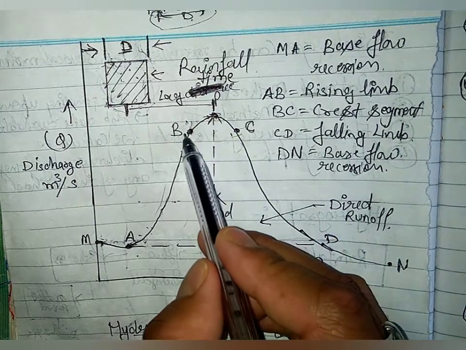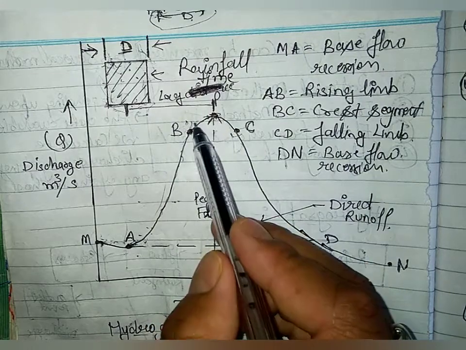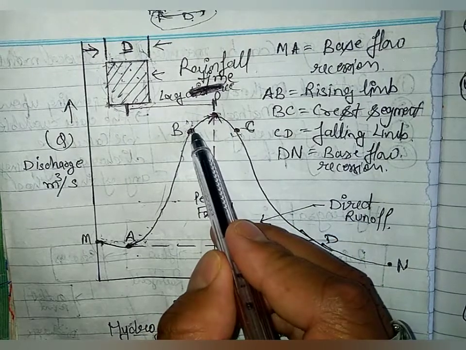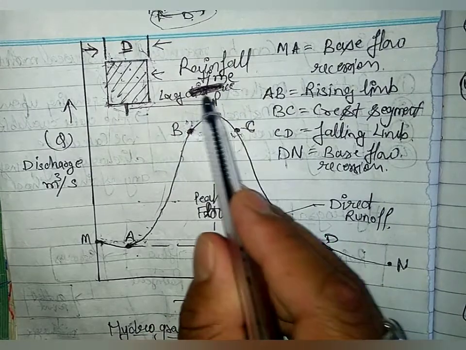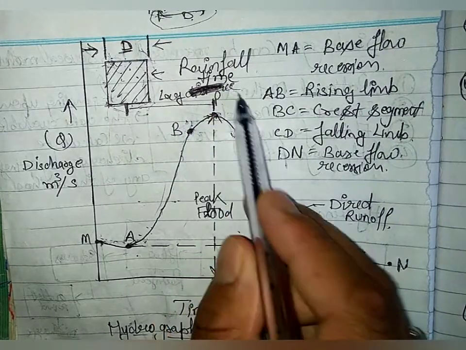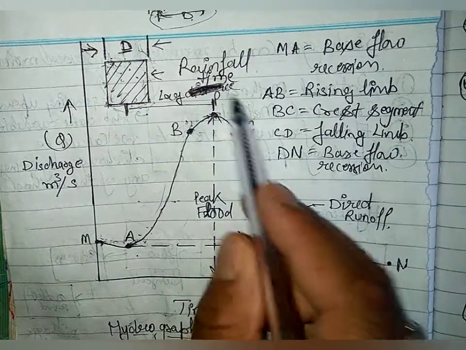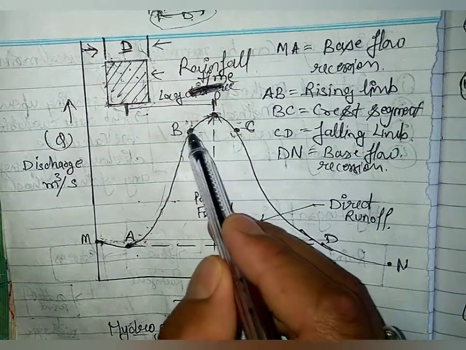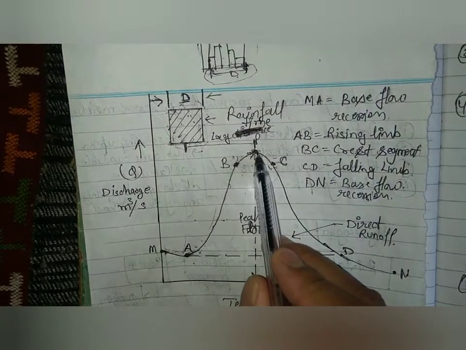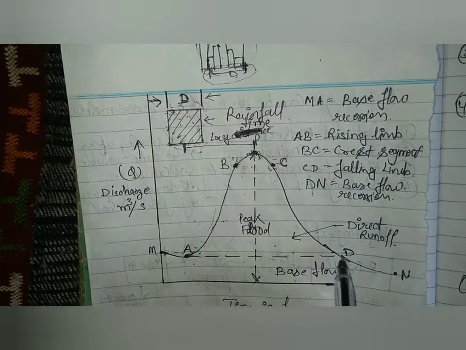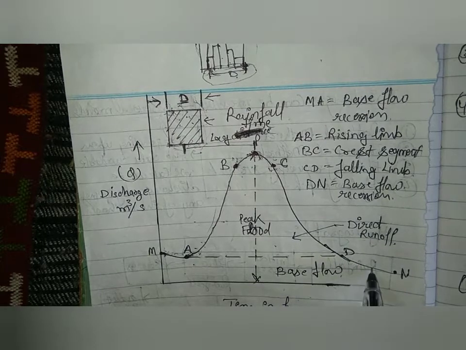Because the hydrograph is changing its shape from these two points. So this BC segment is the peak segment, and this is very important for hydrologists. Now after reaching the peak point, this graph is declining like this and reaching the initial base flow.